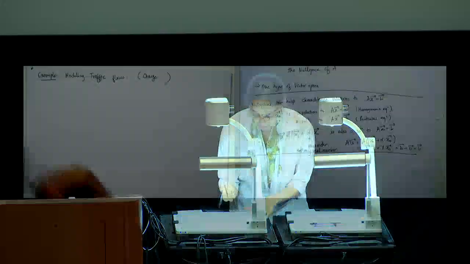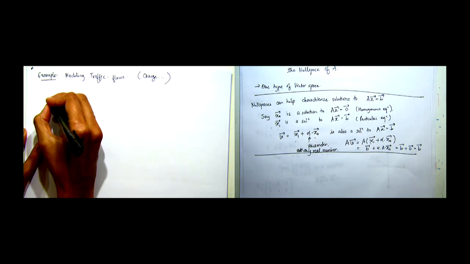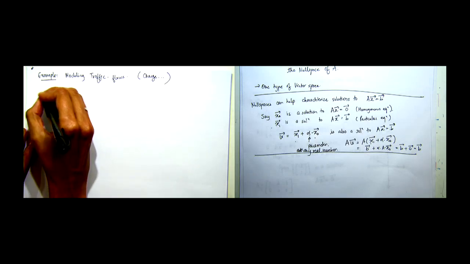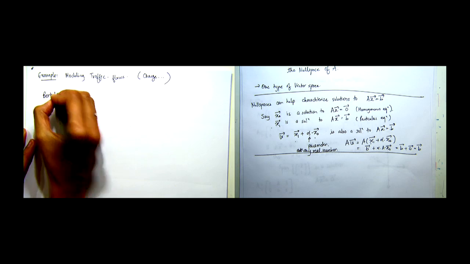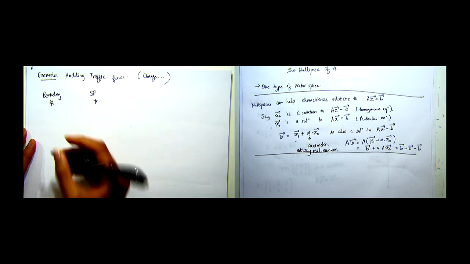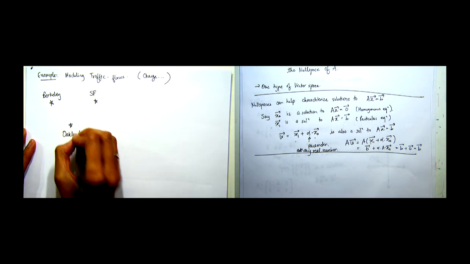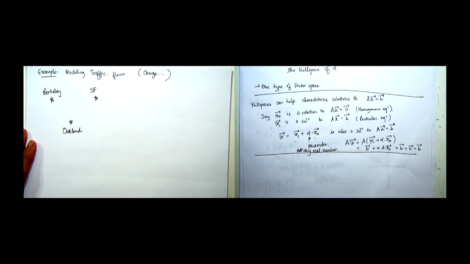So here the setup is the following. Let's say I have 3 cities. I have Berkeley, San Francisco, and Oakland. And I have traffic flowing between these cities, right?